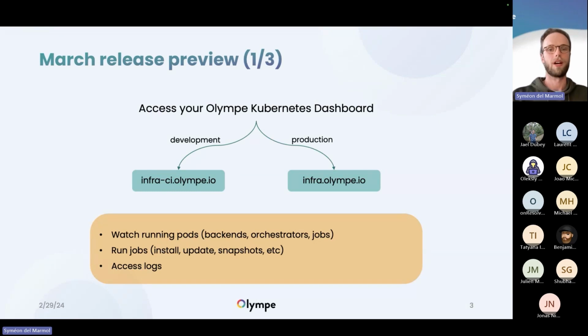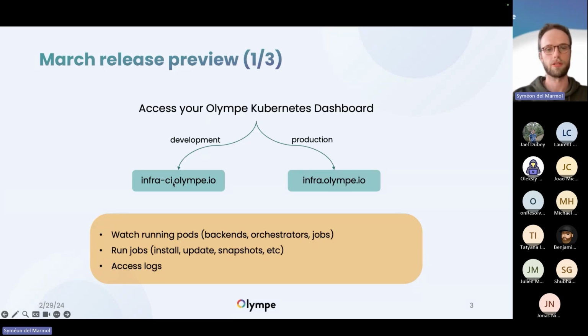The first element of the release coming next month is the ability to access your environment dashboard. It's an external Kubernetes dashboard that has been made available for external people, without going through the VPN and without a complex configuration to access it.